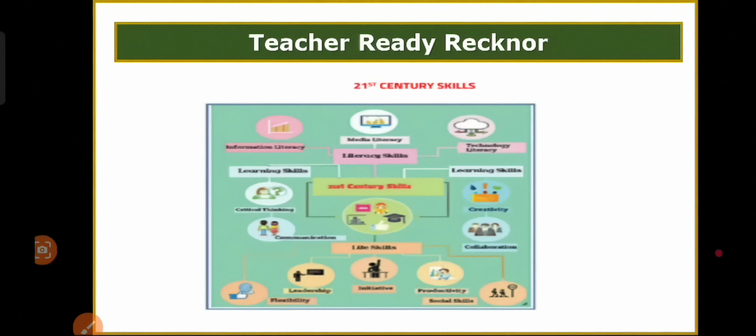Likewise, initiative and self direction, problem solving, social and cross cultural interaction. All these 21st century skills were included in the structured lesson plans that we have given in this teacher handbook.